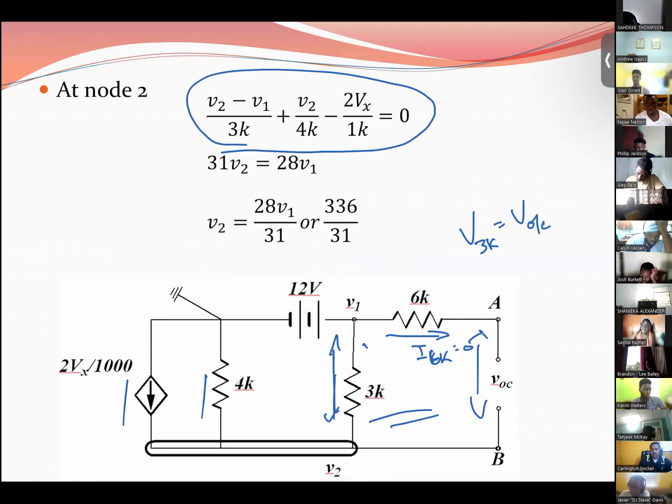And this is something that you need to have clear in your mind, that you can have a voltage present without a current flowing. You don't need a closed path for a voltage. You need a closed path for a current.